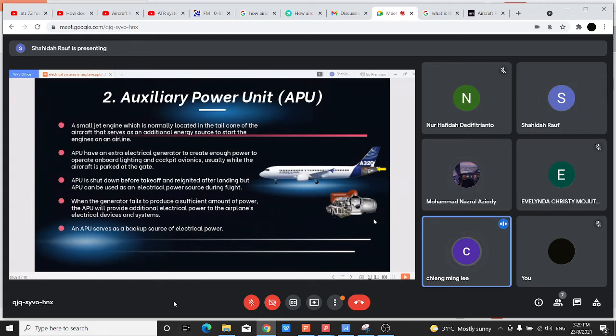Those not a priority for aircraft safety, they will normally not energize.